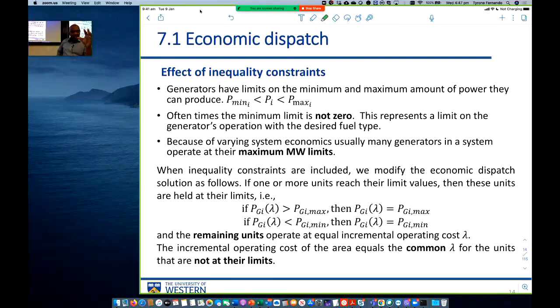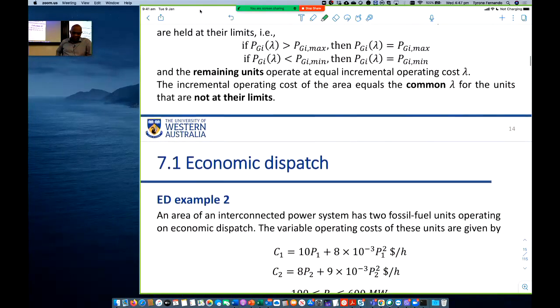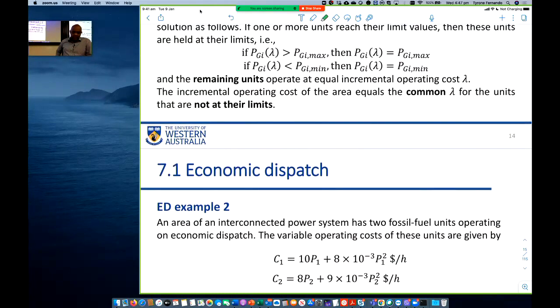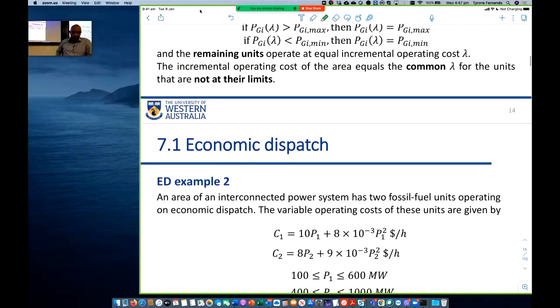If a particular generator reaches its minimum, we don't drop it any further. We just leave it at the minimum. That's what it says. The incremental operating cost of the area equals the common lambda for all the units that are not at their limits.